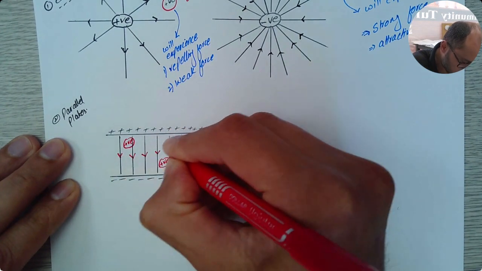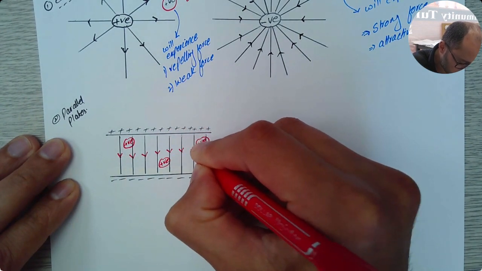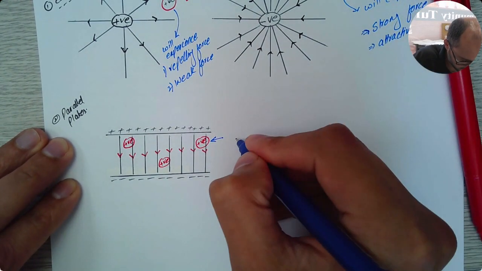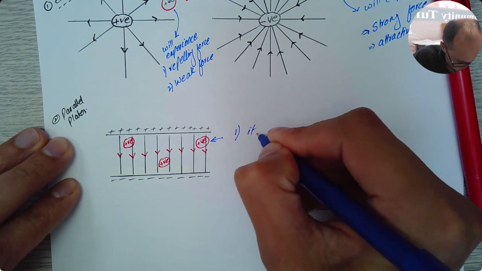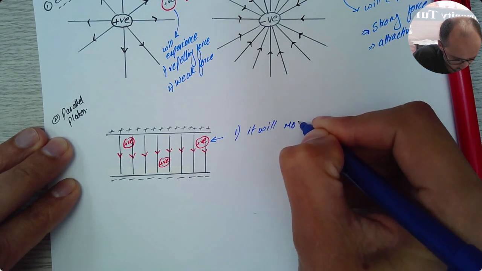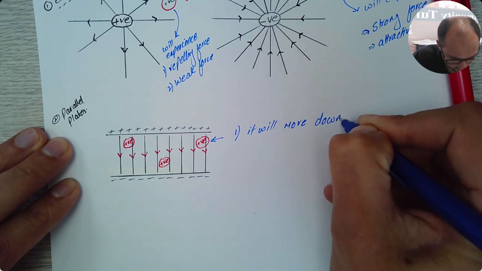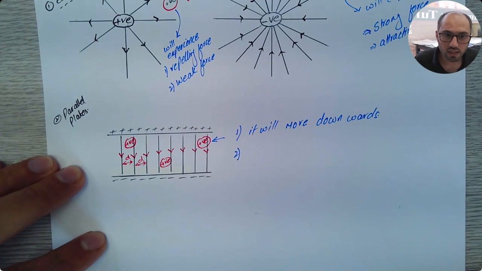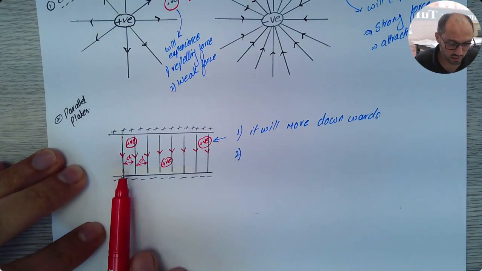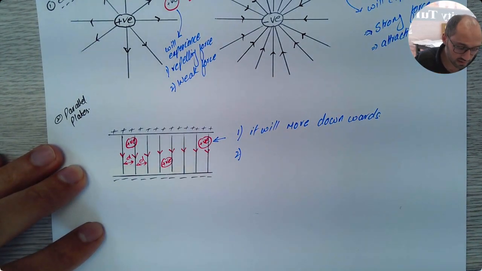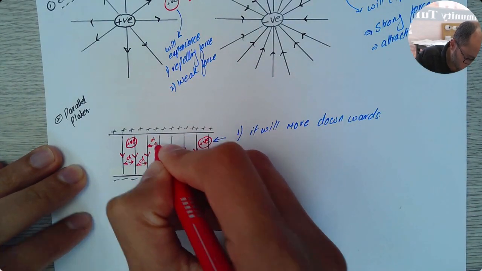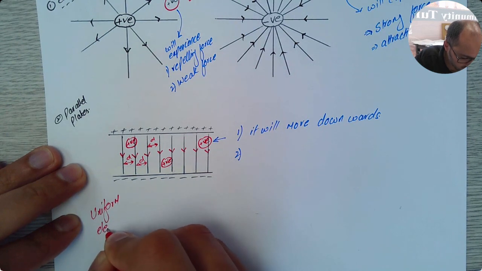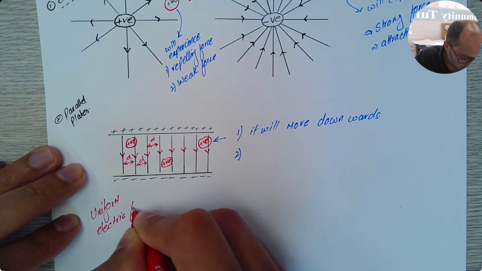It will be downwards. So I can now say for this positive charge, number one, it will move downwards. Number two, now in this case, if you look at the distance between any two lines, it always remains same. And this is what we call uniform electric field.